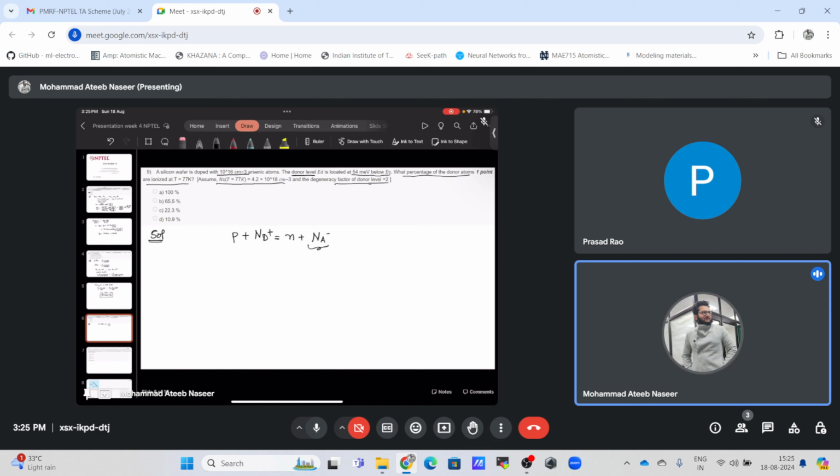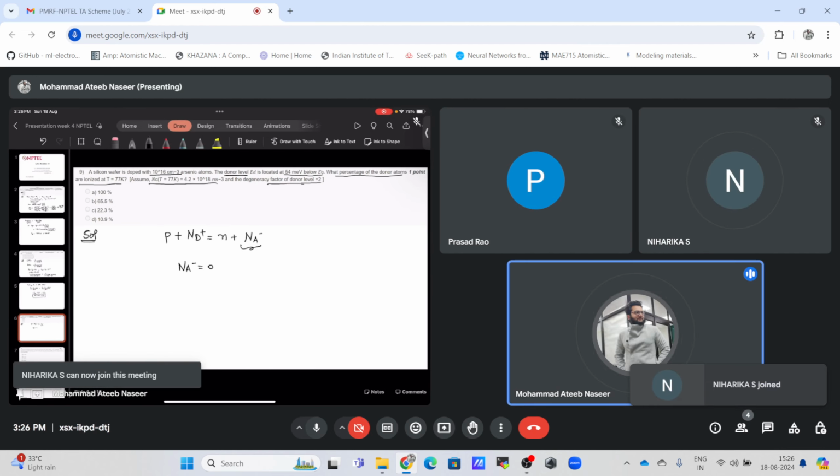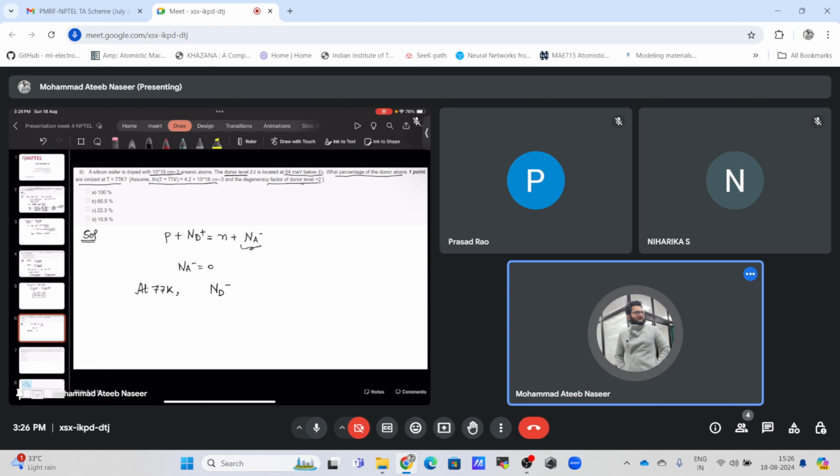There are no acceptor impurities, so Na minus will be equal to 0, and also the hole concentration will be very less as compared to the electron concentration. So at 77 Kelvin, we will write Nd positive to be approximately equal to n, because this is an n-type material, so the electron concentration will be very high.